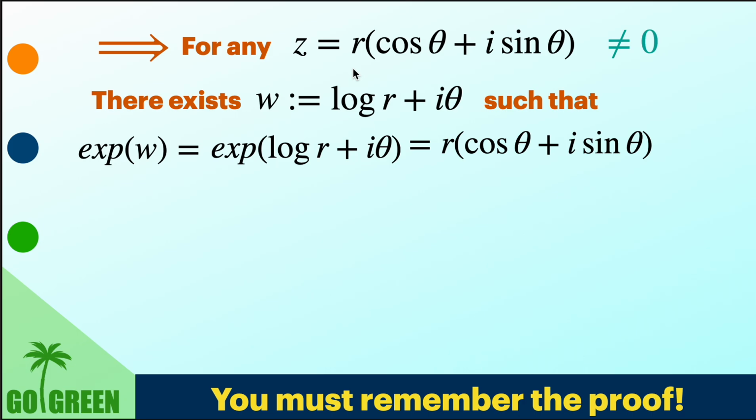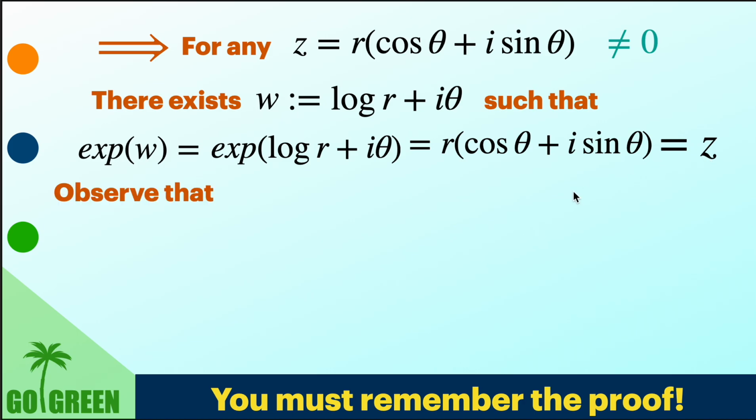So which means what? That is again r cos theta plus i sin theta, which is just z, which you started with, right? So for any complex number z which is not 0, there exists a w given by log r plus i theta, that is the expression of w, such that exponential w gives you z back. And this is very important.